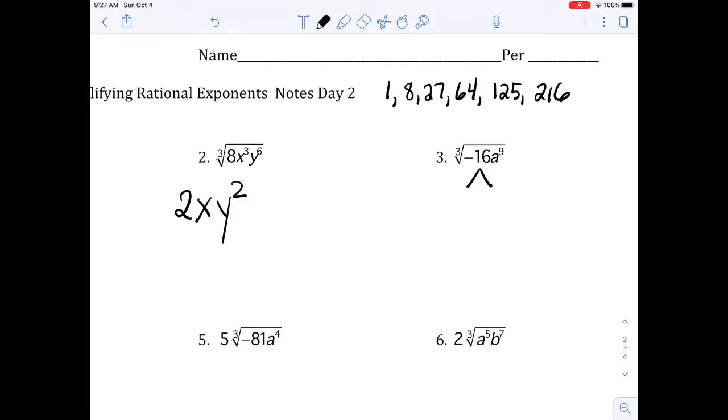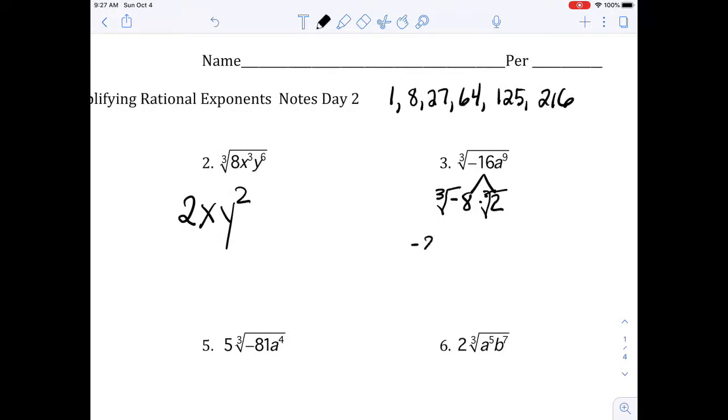Cube root of negative 16, I've got to break it down into negative 8 times positive 2. That negative 8, because 8 is a perfect cube, and of course we bring the negative with the perfect cube. So that's going to be the cube root of negative 8 and the cube root of 2.